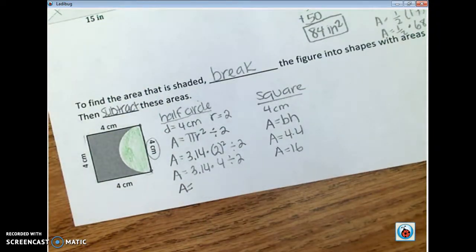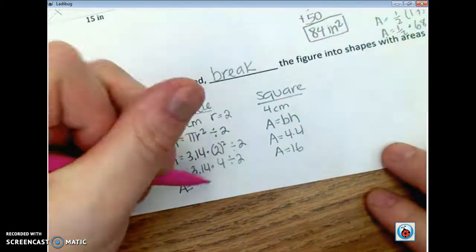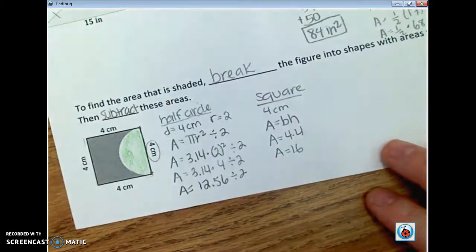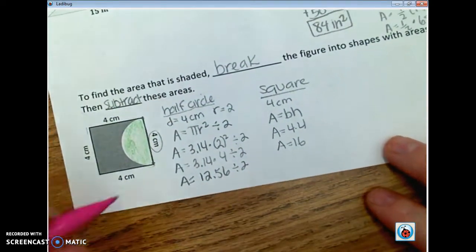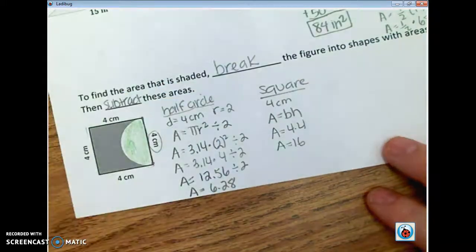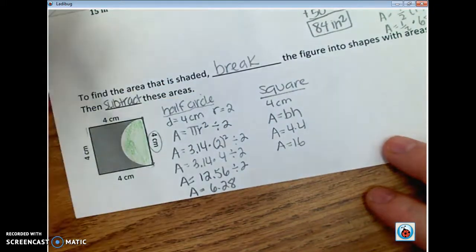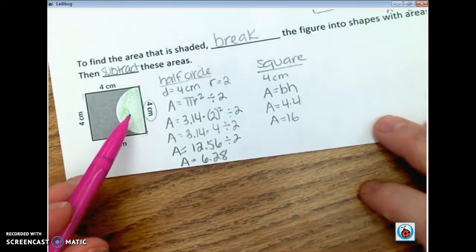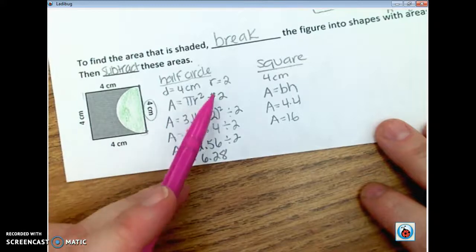Okay, so 2 squared was 4, so we're going to times that by 3.14. And we get 12.56. And then we're going to go ahead and divide that by 2 because we only want half of the circle. That's going to be a common mistake that I see in students' papers, is if they forget about that, they see half and they recognize it as half, but they forget to show the work for only half.